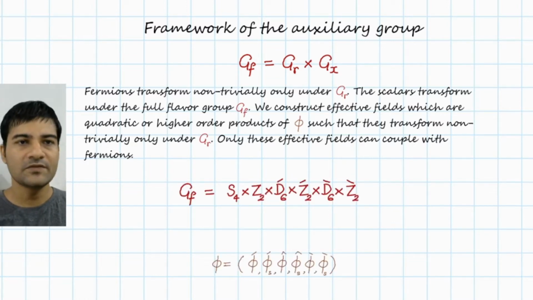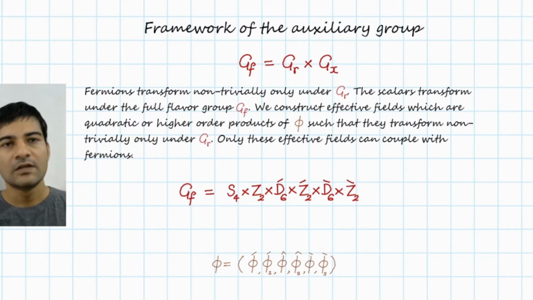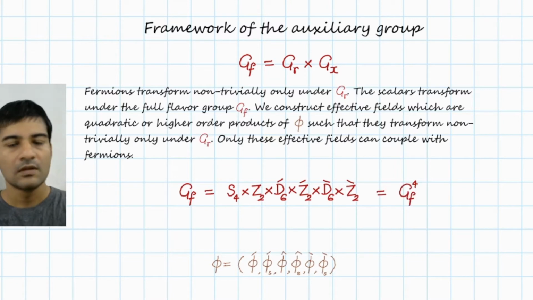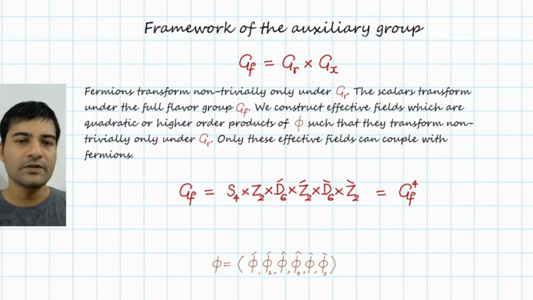In the previous video, we used this GF as the flavor group and we constructed the fourth order renormalizable potential using the field phi given here. A point that I forgot to mention at that time was that in this particular example, the symmetry group of the fourth order potential is the same as the original symmetry group GF.